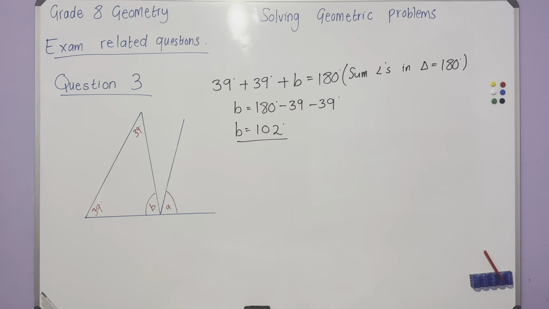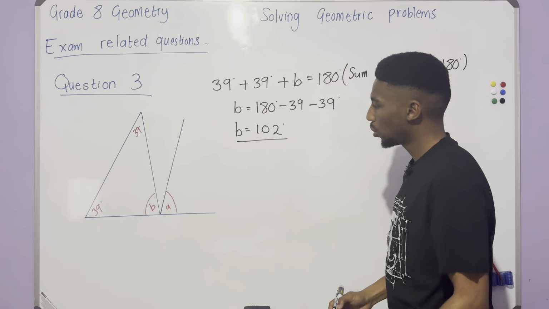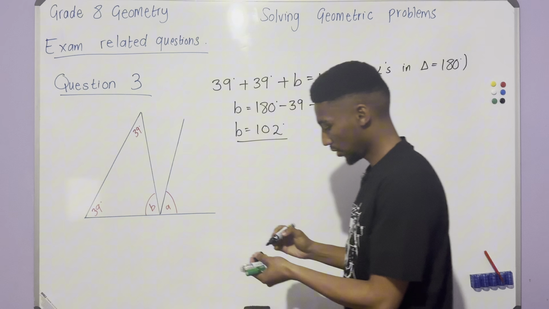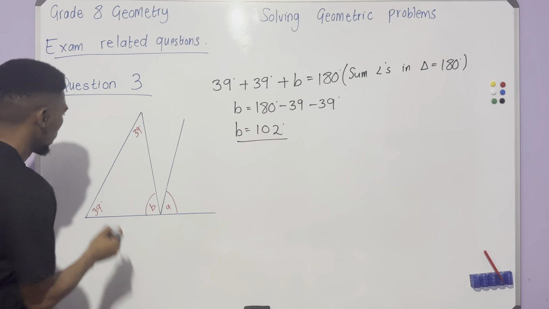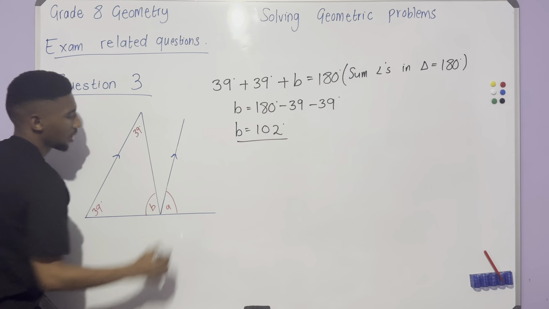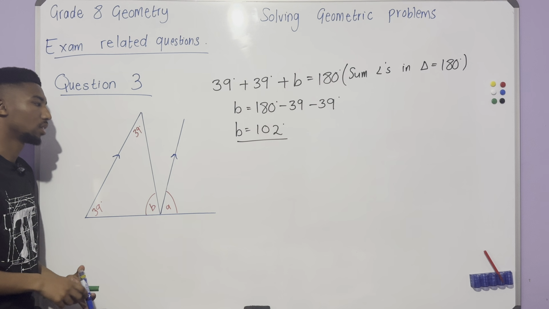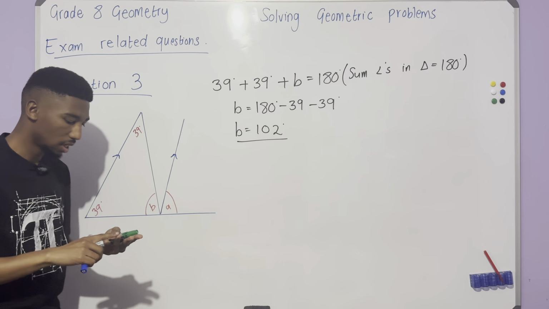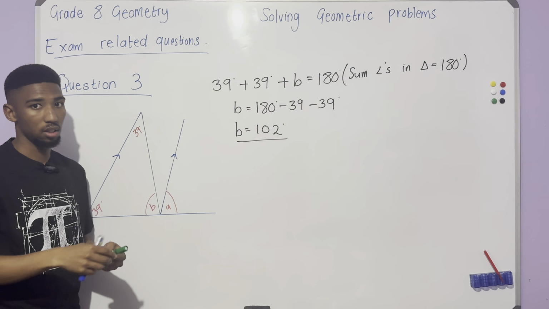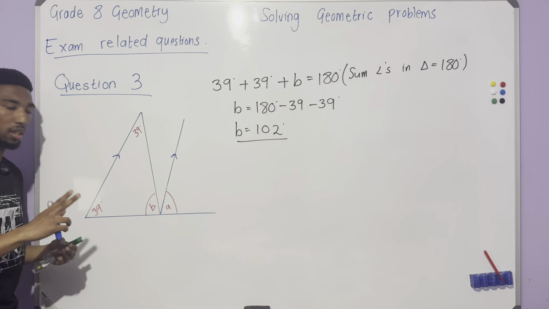All right, then for a, I've left some information out here which is critical to finding a, is that the lines are parallel. Okay, and before you can use corresponding, co-interior, and alternating angle properties, those lines need to be parallel.